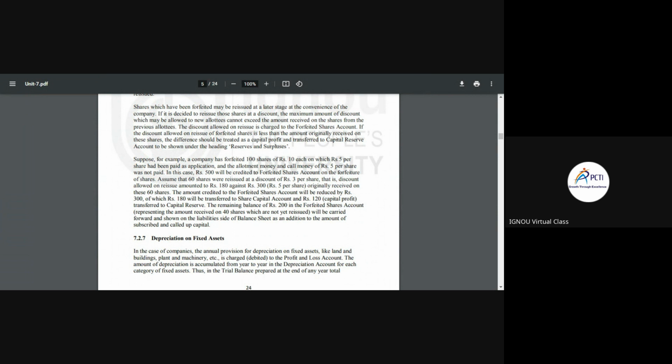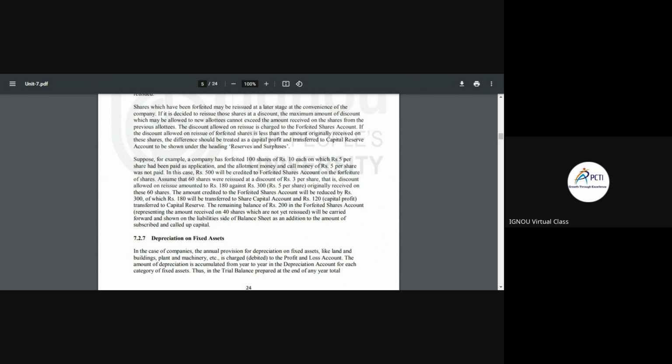So in this example, we have a particular company in which we have forfeited 100 shares of rupees 10 each, on which rupees 5 was paid on application and allotment money, and the call money of rupees 5 per share was not paid.